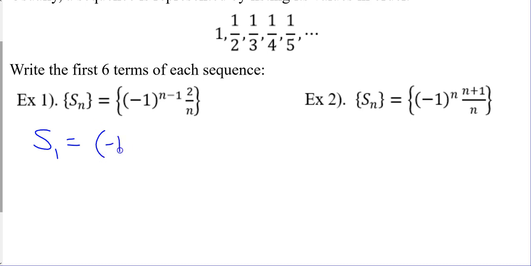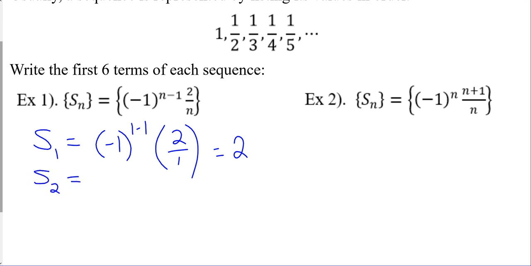So in my equation, I'm simply going to replace n with 1. First thing we need to do is 1 minus 1 is 0. -1 to the power of 0 is 1. And then 2 over 1 is 2, so 1 times 2 is 2. So the first term of my sequence is 2.